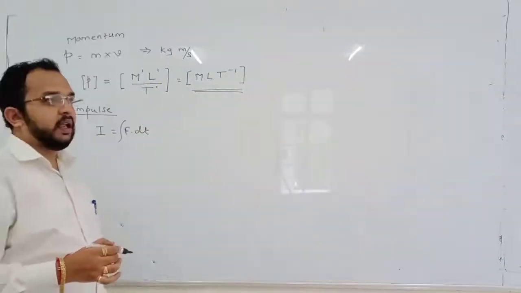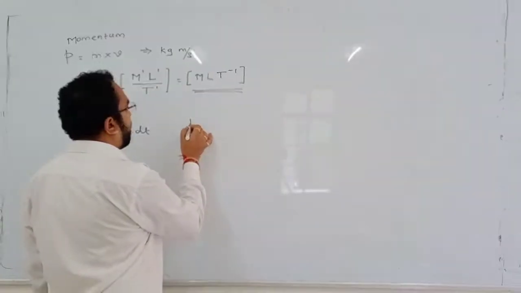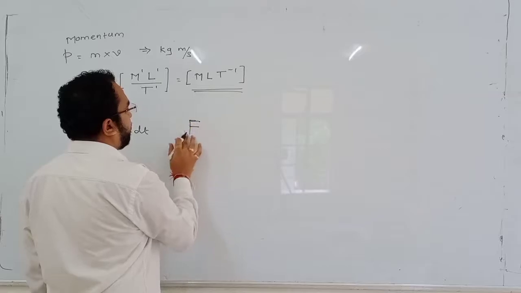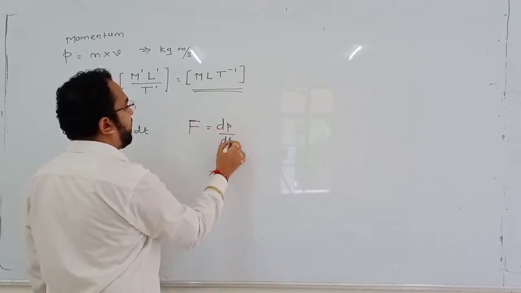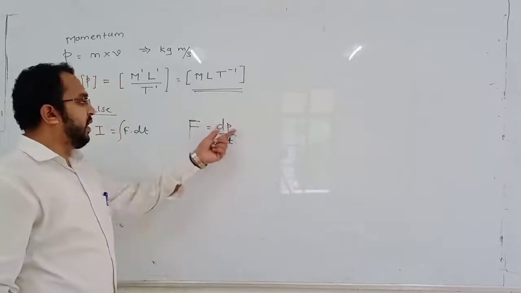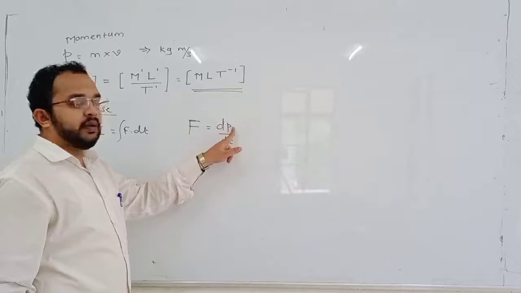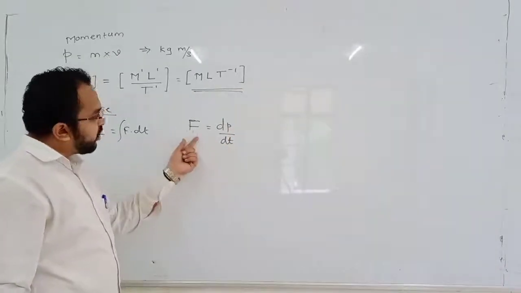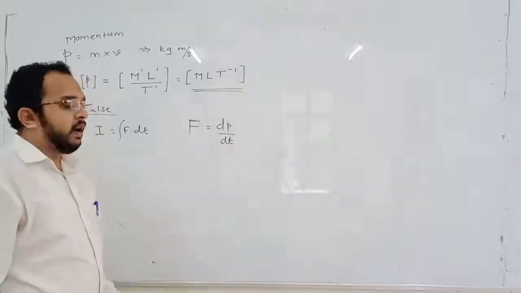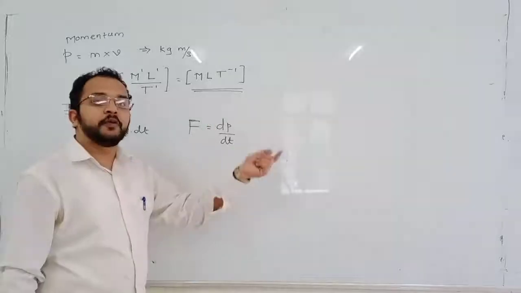So tell me, the differentiation of momentum is nothing but force, from Newton's second law. From Newton's second law, rate of change of momentum per unit time is force. That means differentiation of momentum with respect to time is force. That means integration of force is momentum.